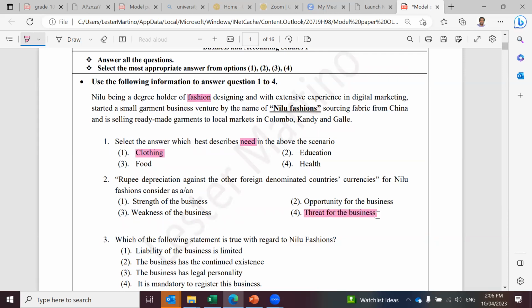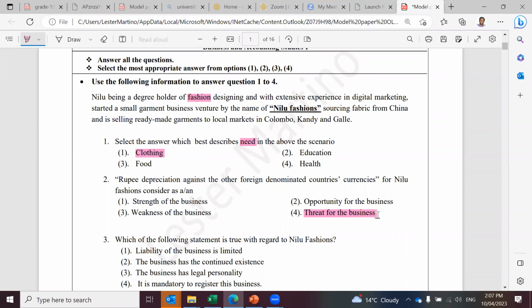So I hope you know strengths and weaknesses. Strengths and weaknesses come within the business environment. A plus point within the business environment is called a strength. He has extensive knowledge. That is a strength. And let's say the labourers are very reluctant to take decisions, or they have attitude problems.